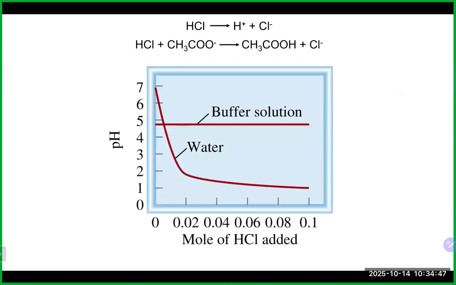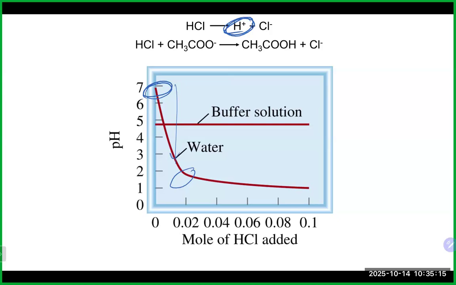So as we can see here, in our non-buffer solution, water, because of the production of free H plus, we're going to see a significant change in pH. This is water, which is not a buffer. When we add HCl to it, you can see a giant drop in pH. It goes from a pH of 7 down to about 2, or 1 and some change.